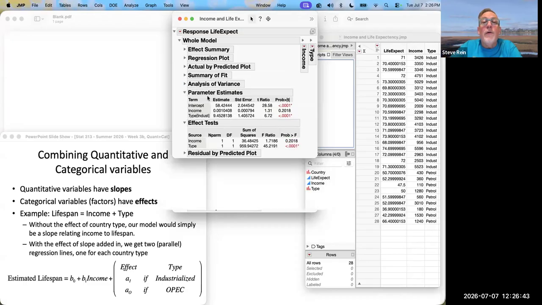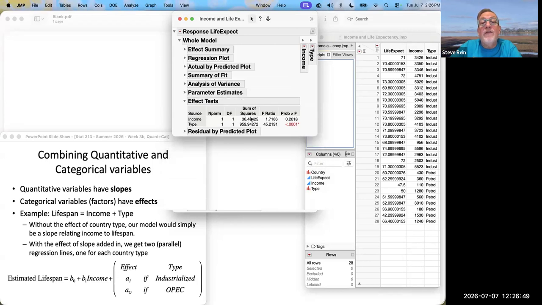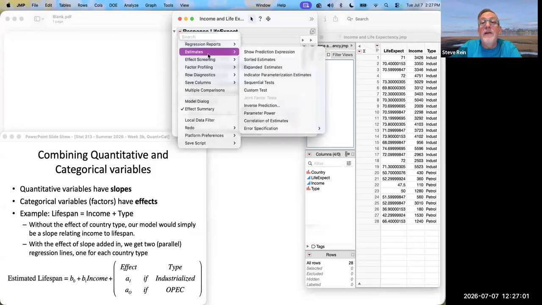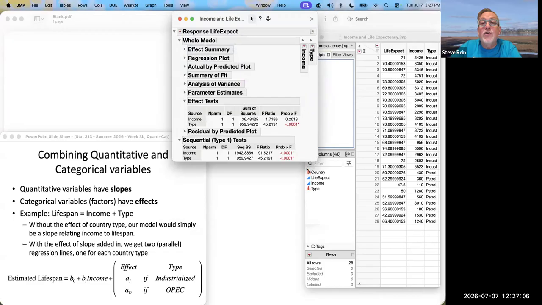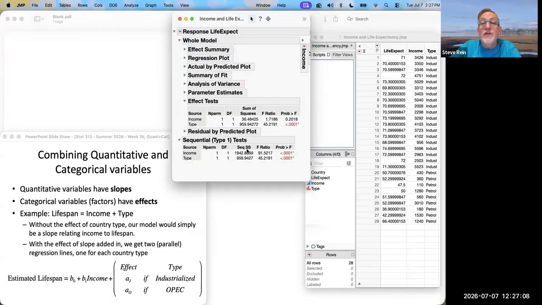We learned earlier that we have regression estimates for parameters. I'm going to jump over that for now. I'm going to emphasize effects test. These are adjusted sums of squares analysis. And if we had indeed said, show me the sequential tests, if we put them in sequentially, income first, you'd say, yes, income is better than nothing.